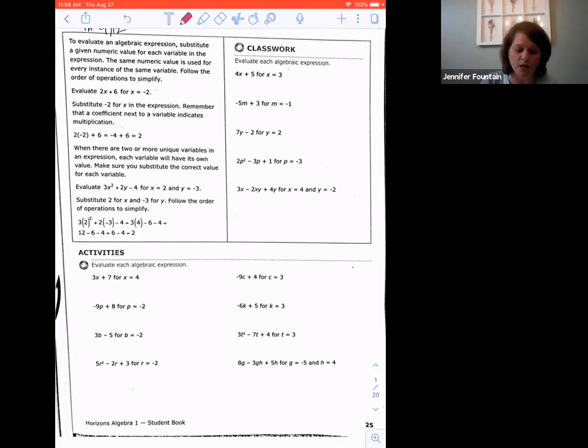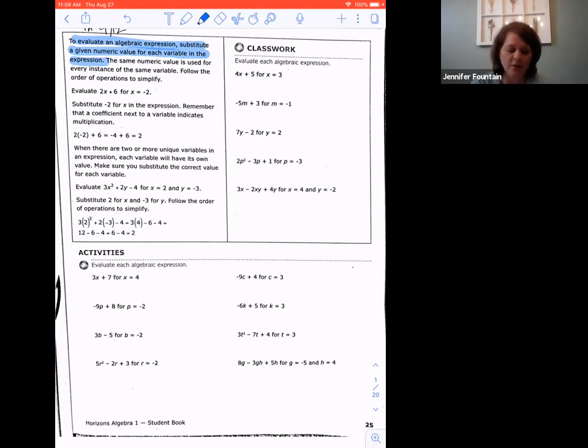All right, so we've talked about evaluating algebraic expressions. And it says to evaluate an algebraic expression, substitute the given numeric value for each variable in the expression. The same numeric value is used for every instance of the same variable.